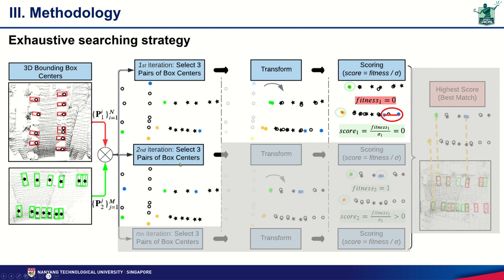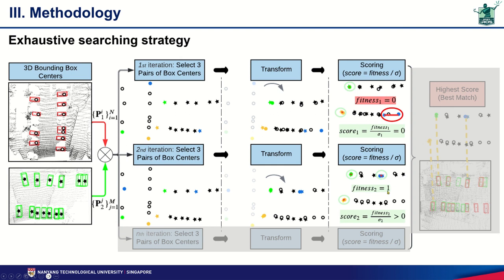In the second iteration, we select another three pairs as shown here: blue, green, yellow. Transform them together, and we calculate the distance. We find all three pairs have a distance of less than 1 meter, so the feasibility is equal to 1. Then we calculate the RMSE error between these three pairs. Then the value is sigma 2.